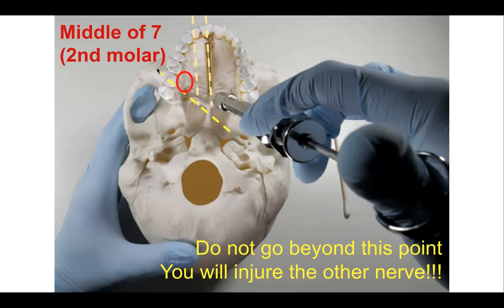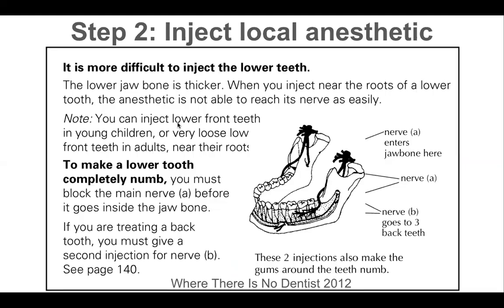Where the two lines meet is the area we want to inject for the greater palatine nerve block. Do not go beyond this point because you will injure the other nerve.